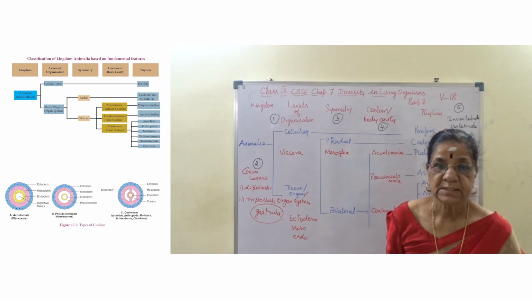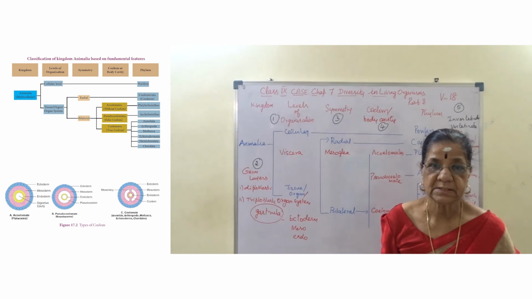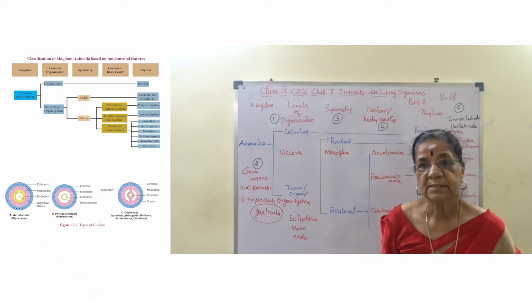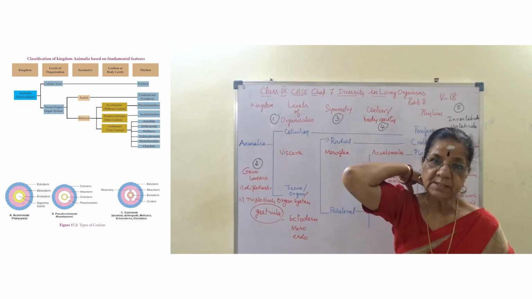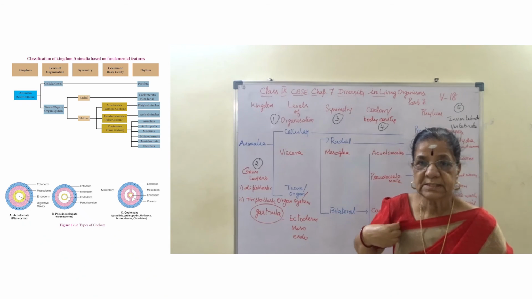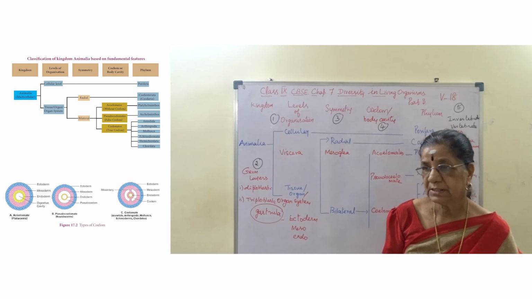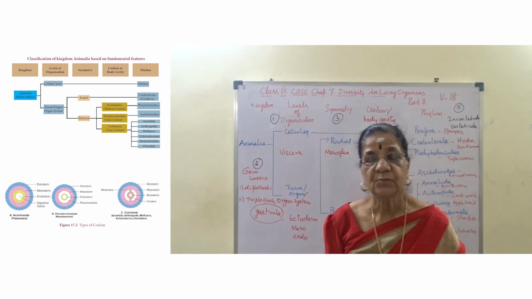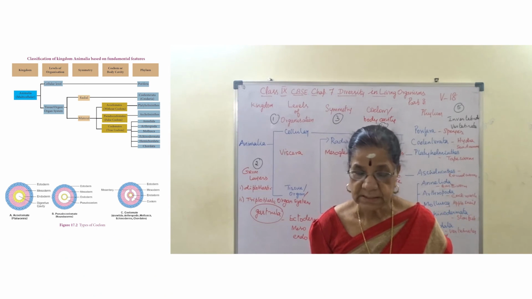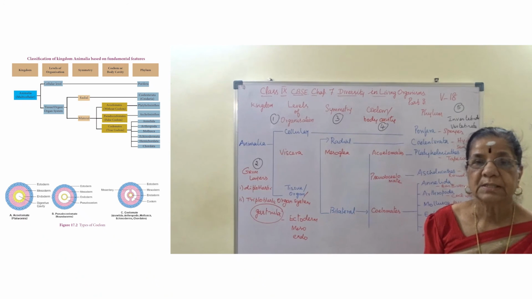When both sex organs are present in the same animal, it is said to be a hermaphrodite animal. When they are separate, the animals show sexual dimorphism. I hope you are able to follow this. So these are the characteristic features of phylum Coelenterata. Examples: hydra, sea anemone, jellyfish.